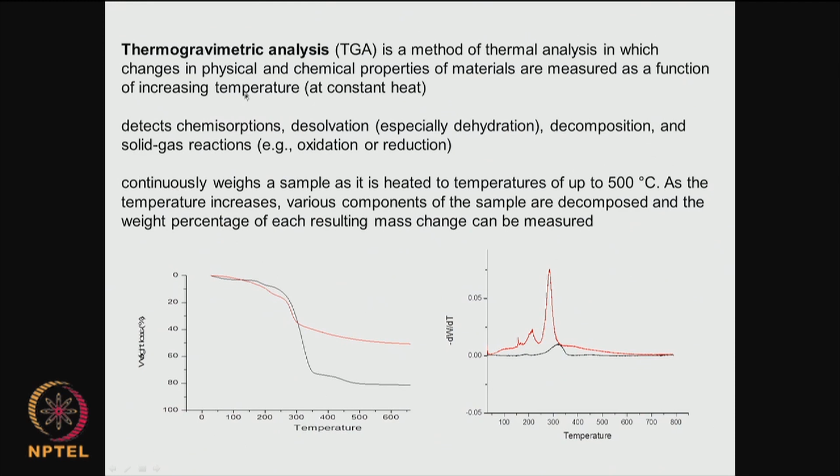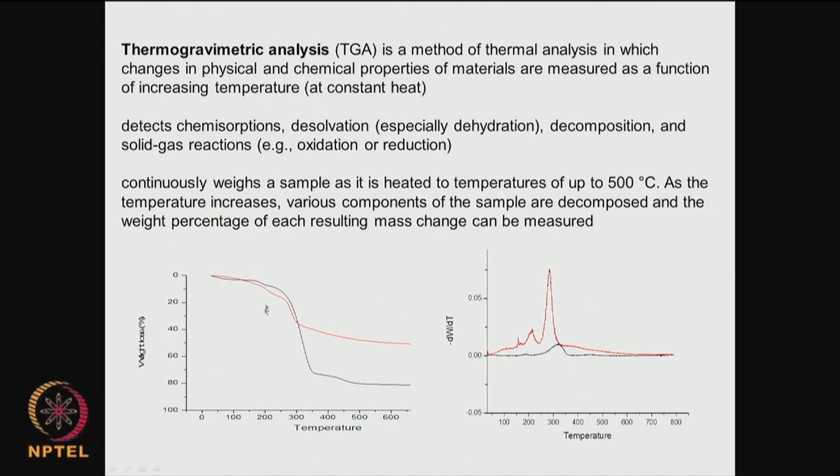From there we can make sense of the temperature at which the weight loss starts, how much is the weight loss, and what is the final ash left behind, that means it is not completely removed. TGA is a very useful technique, and we use it quite a lot in polymeric systems, because the temperature at which the weight loss becomes maximum is a useful value to have.